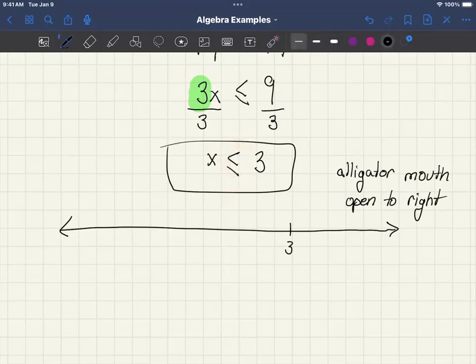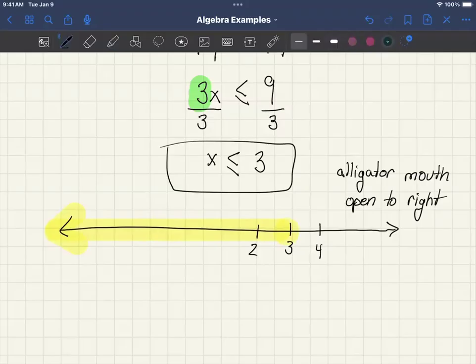So that symbol in the middle, and I'll put a few numbers in here. Notice our x values here are to the left of 3. And so when we do our line here, actually, let's do this in yellow. This means that we're looking at everything in this direction, right? And we're going to include the number 3.